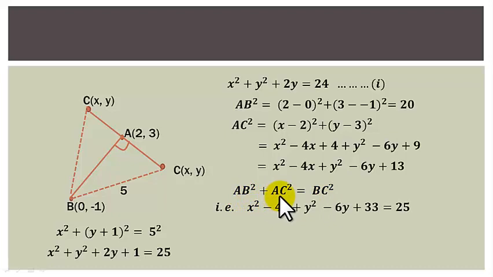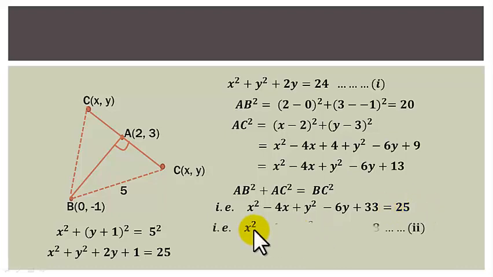That is, AC squared is x squared minus 4x plus y squared minus 6y plus 13, then plus AB squared, which is 20. 13 plus 20 will give us 33, is equal to BC squared. BC squared is 5 squared, which is equal to 25.